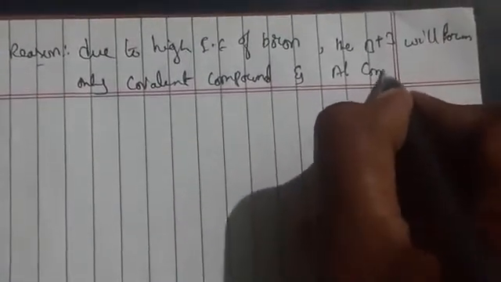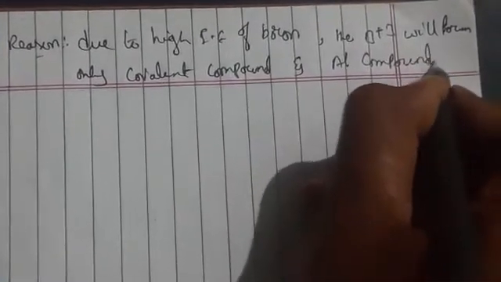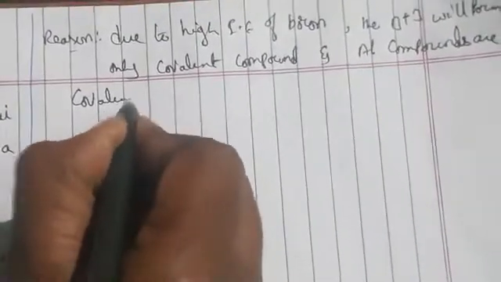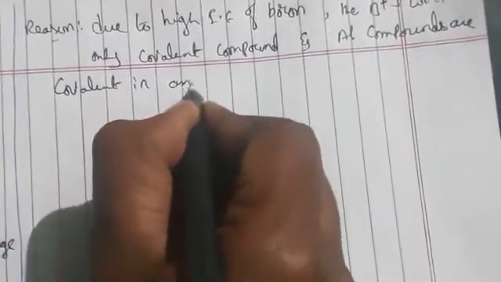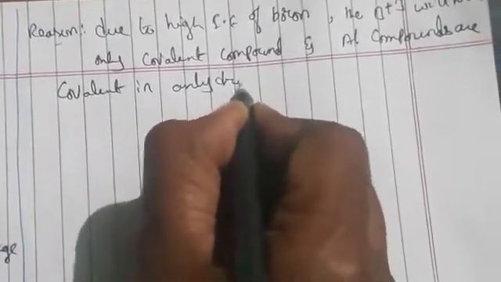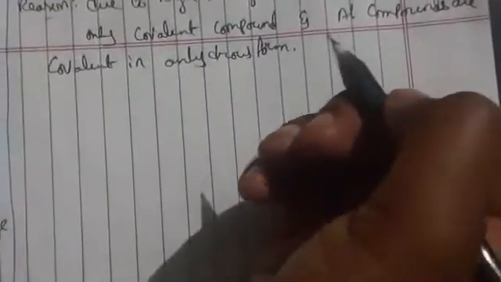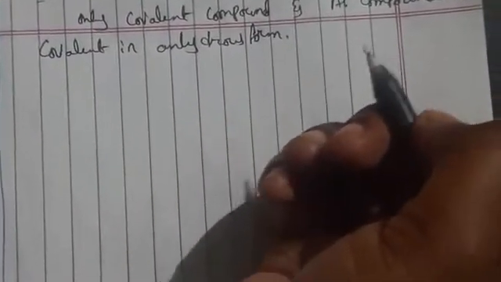Aluminum compounds are covalent in anhydrous form. In aqueous solution it will form the Al+3 ion. Why? Because hydration energy is required.